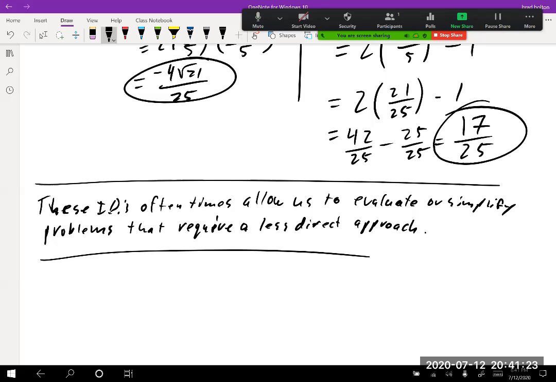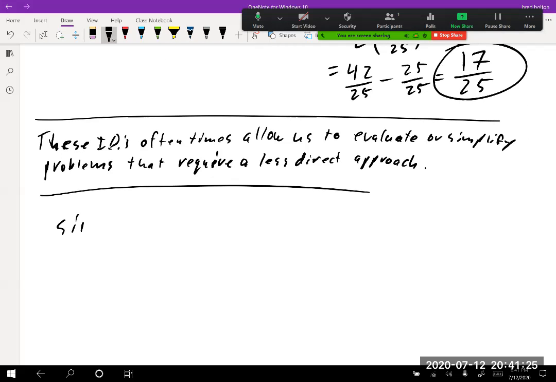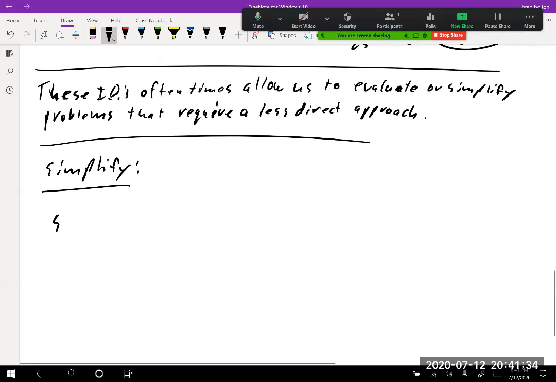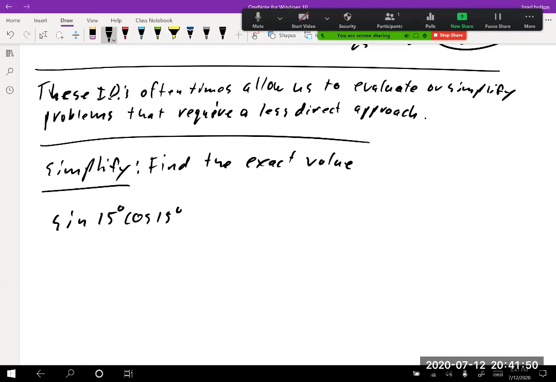Okay. So, you know, somebody could say, hey, simplify, and they could give us sine of 15 degrees, cosine of 15 degrees. Now the problem with that is we don't know the sine of 15. Simplify, find the exact value. We don't know the exact value off the top of our heads. We can get a decimal approximation using a calculator.